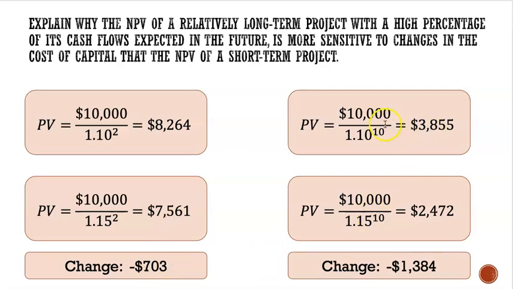On the other hand, if the same $10,000 was 10 years from now, the change would be 1,384. Because the rate is in the denominator, if the number of years is greater, the interest compounding will be for a larger number of years, so you'll have a much greater impact on that denominator. So it's all about time value of money.